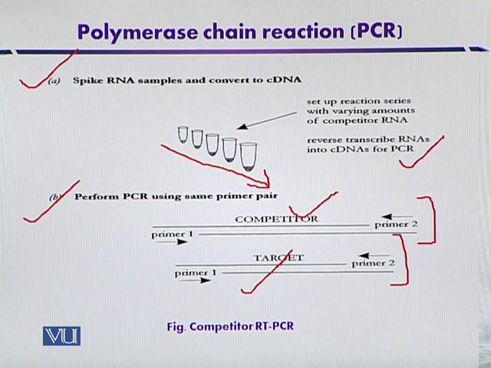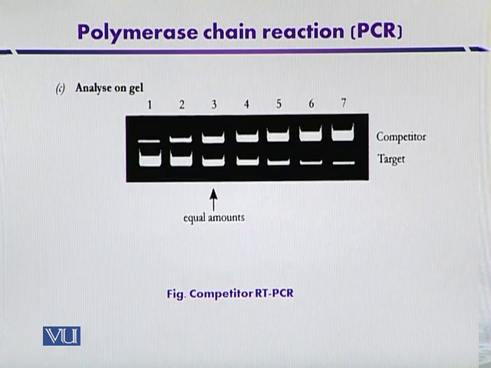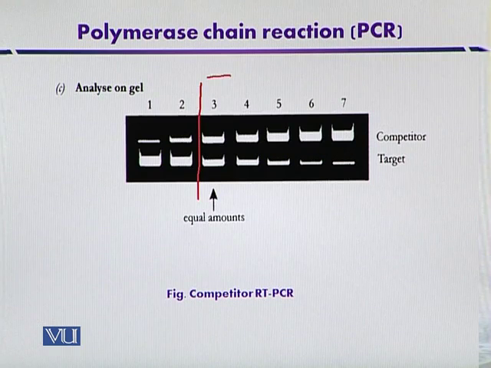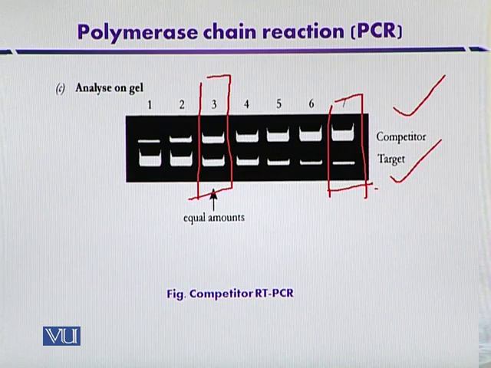And after amplification, then both these RNA molecules that now have been converted into cDNA, they are now separated on the agarose gel electrophoresis. Now here in this case, in the third lane, the intensity of the band is same. That indicates that they having the particular concentration in the sample, and here the concentration it is different. As I told you that competitor RNA it is longer in size, so it will remain behind in the gel as compared to target sequence.